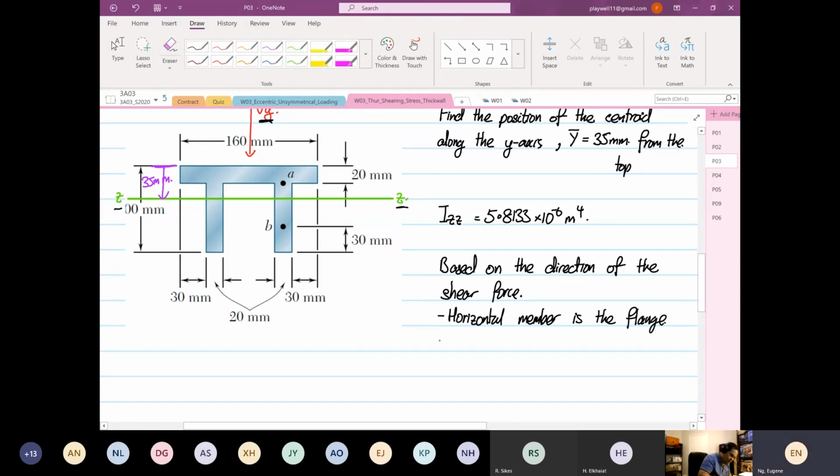Okay. And the vertical member is the web.